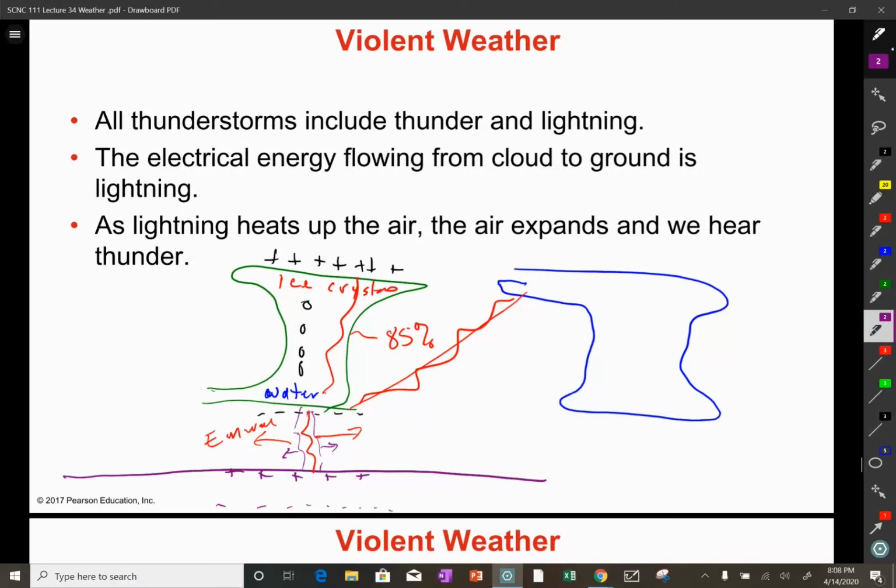Now there's one more thing that I want to talk about with this. You have this thunderhead, and the thunderhead might extend 5-10 miles out in front of the storm. So the storm is moving this way, and you have 5-10 miles out here, and that's all positive charge up there. And so sometimes you will have clear skies.